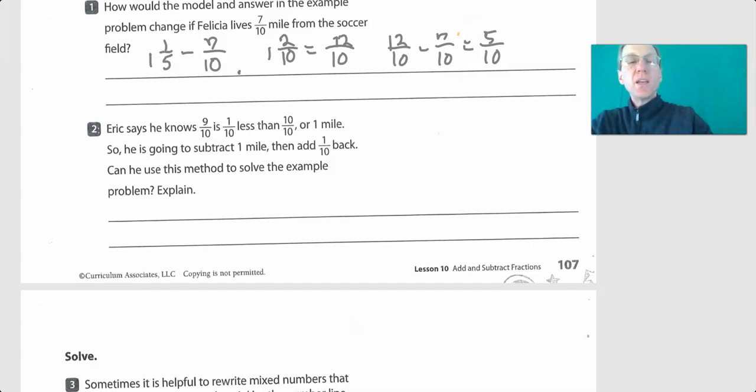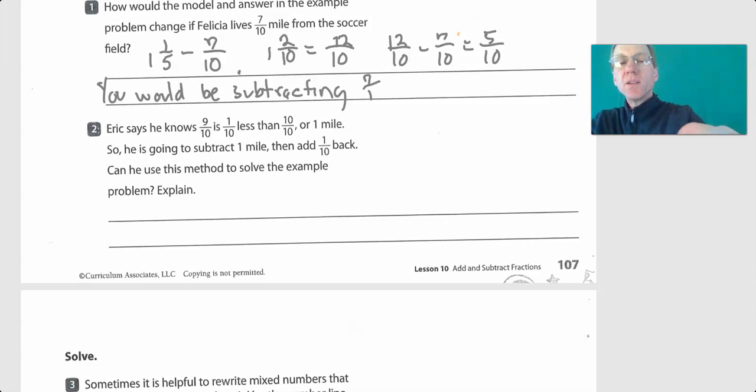This is okay for me, as long as you know how to manipulate the fractions, you would be subtracting 7/10 instead of 9/10. You could have something like that.